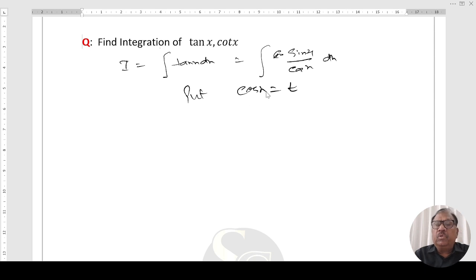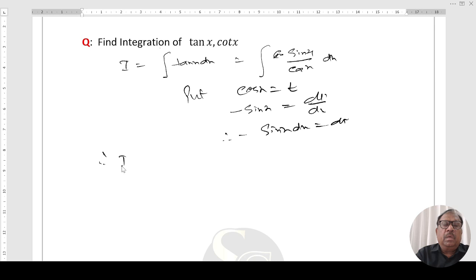So differentiating both sides with respect to x, minus sin x equal to dt by dx. Therefore minus sin x dx equal to dt. Right?